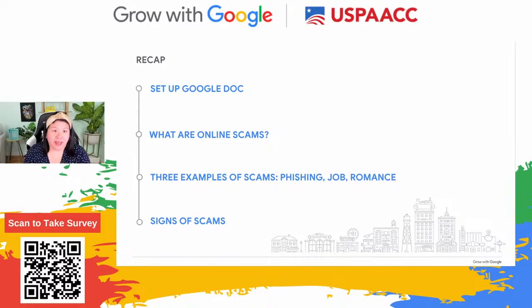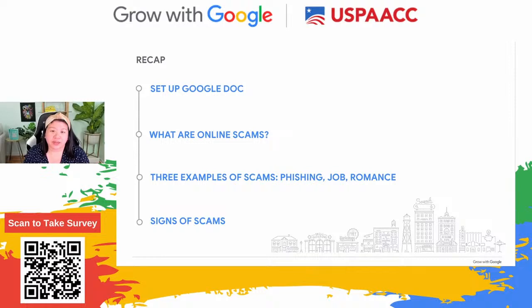So here is a recap of what you learned today. We covered a lot of information about scams and talked about strategies you can use to keep your information safe. You set up a Google document to take notes on the scams you learned about.